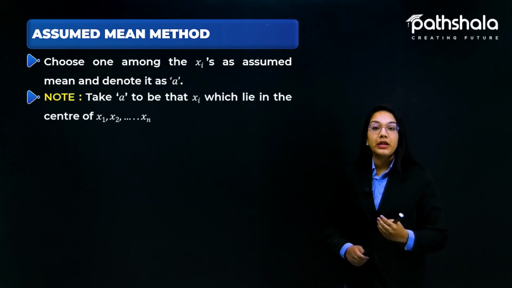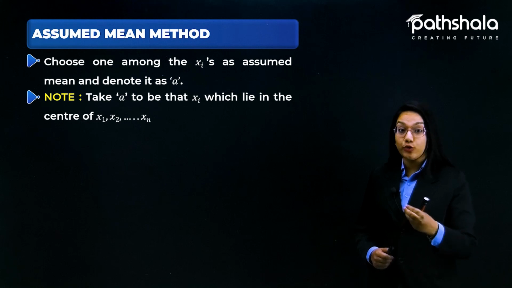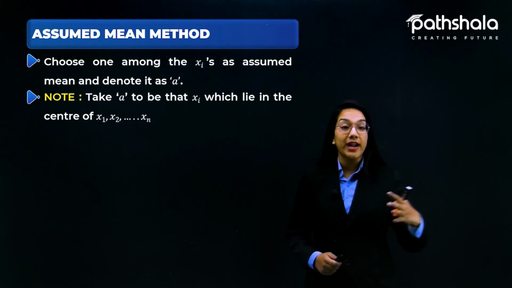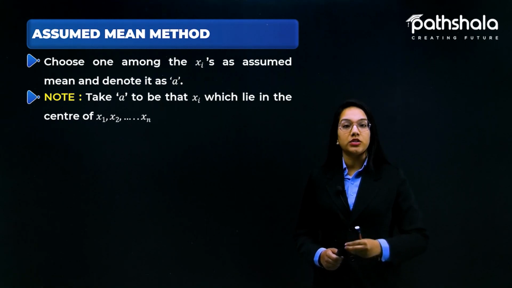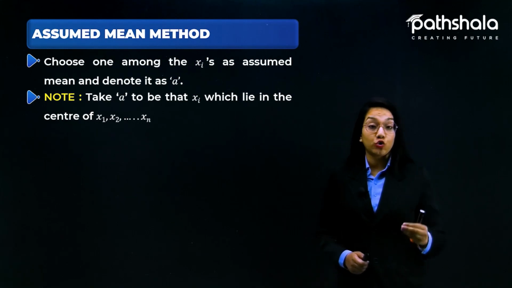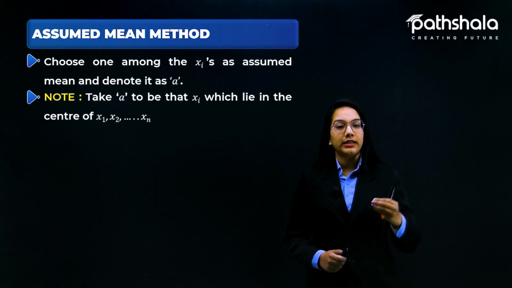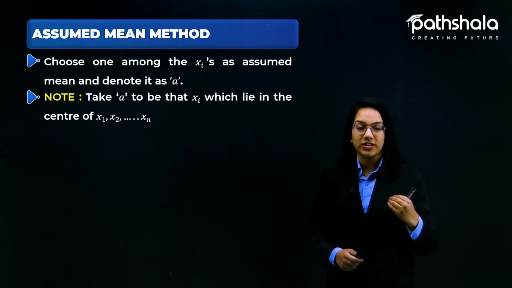Further, the second note would be: take a to be that xi which lies in the center of x1, x2 and so on up to xn. So always remember, whenever we select our assumed mean, that is a, it should be among the xi's and it should lie in the center of x1, x2, x3 and so on.